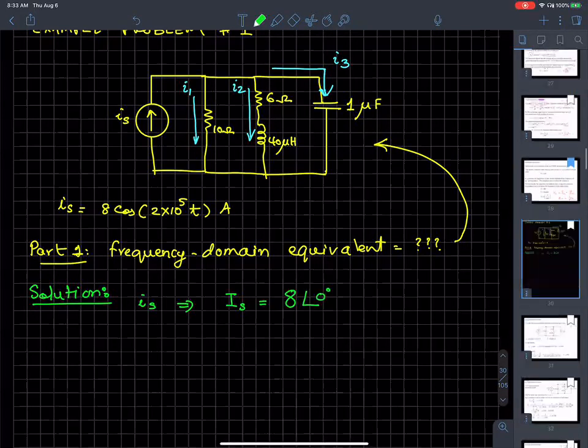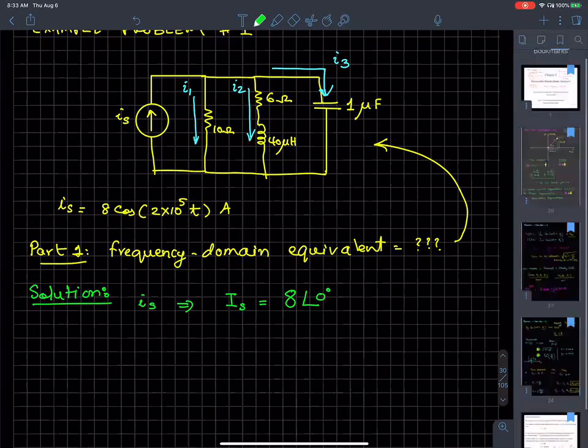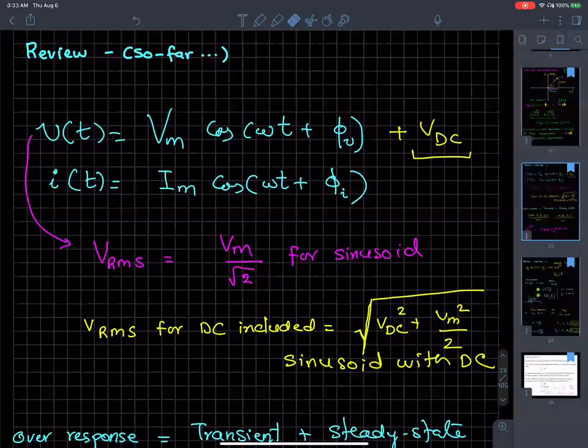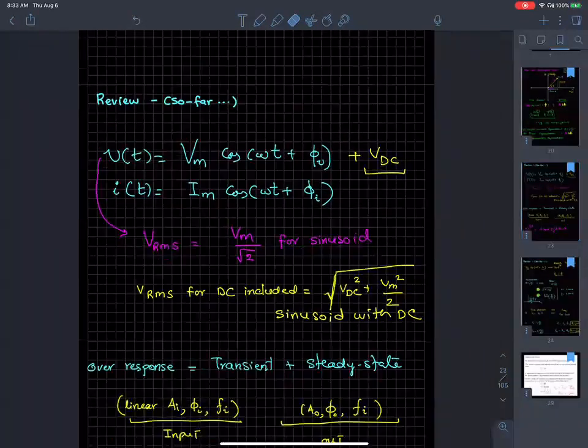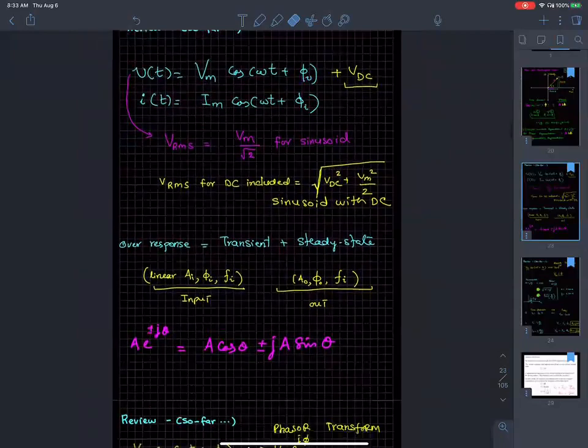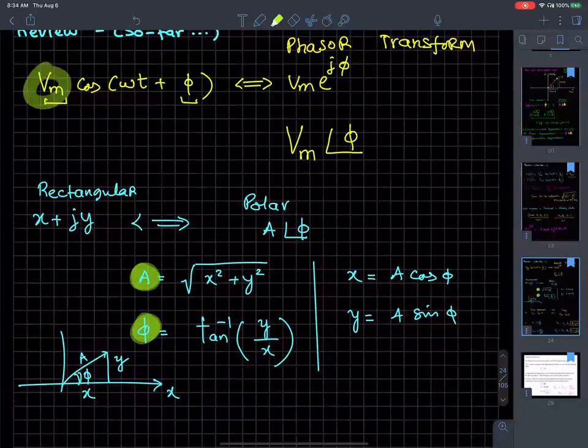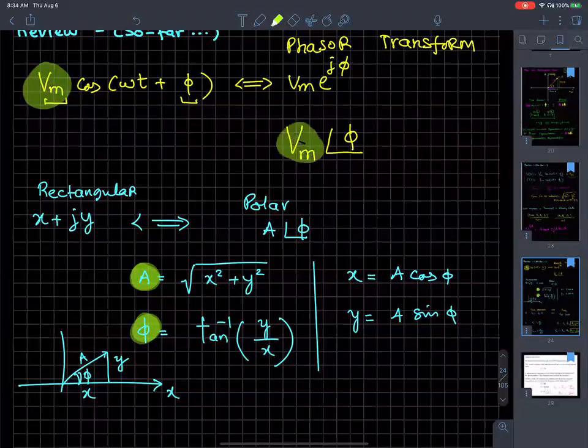Let's go back to the summary here and see how we can represent the phasor equivalent. The phasor equivalent, if you remember right here, was Vm, the peak value is taken, and the phase angle is represented. So the first thing we do is a phasor transform. When we do a phasor transform, we are just taking the amplitude value and the angle value.